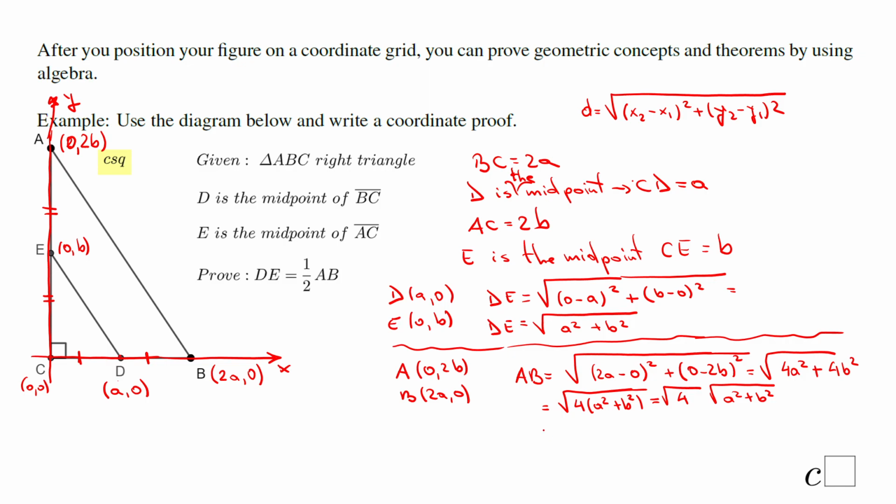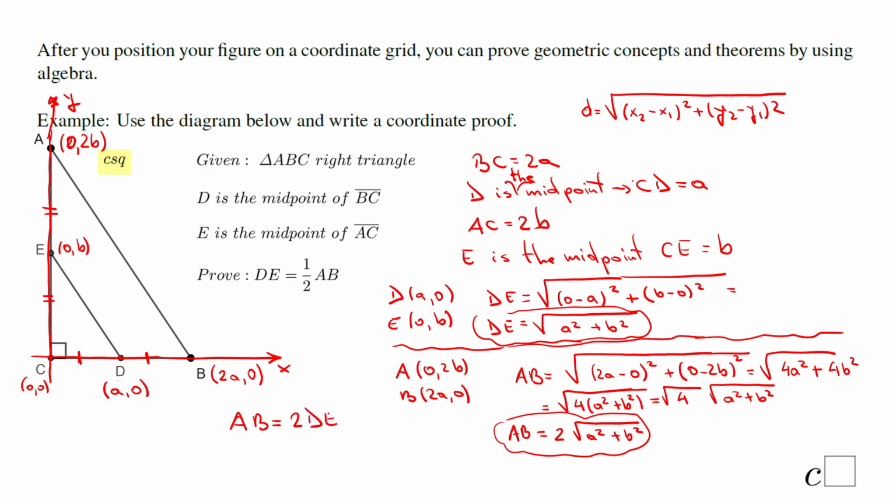And if you notice, square root of 4 is nothing else than 2. So now let's take a look at this AB and this DE. If you notice, AB is twice DE.